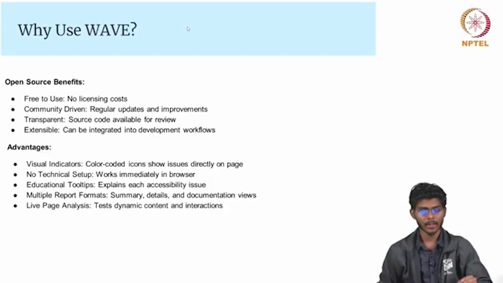So also, as I mentioned, it explains each accessibility issue, like the errors, if an image doesn't have any alt attribute, or what ARIA issues it has.